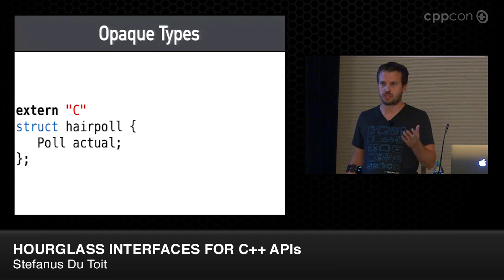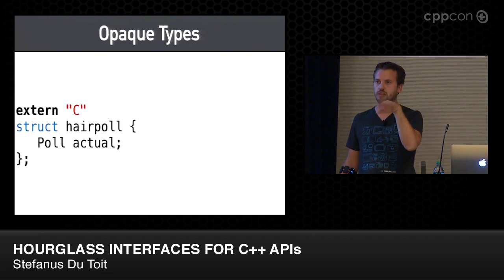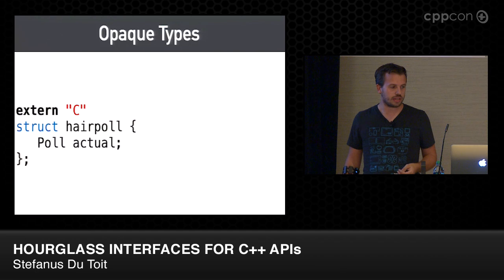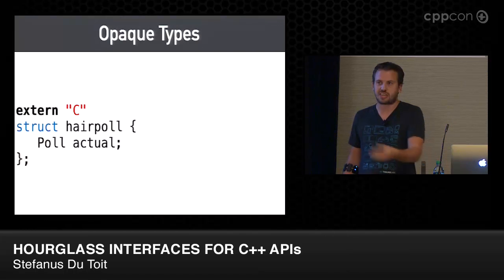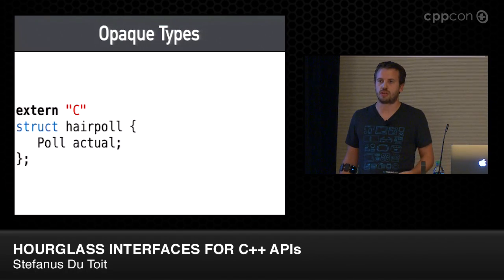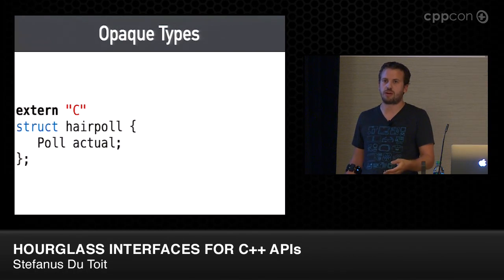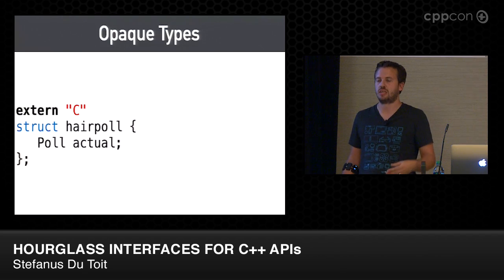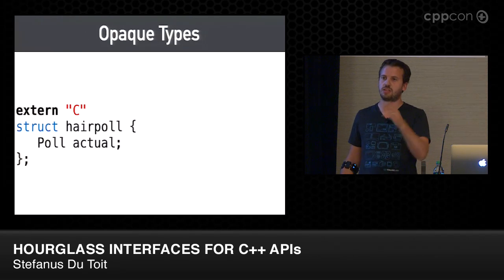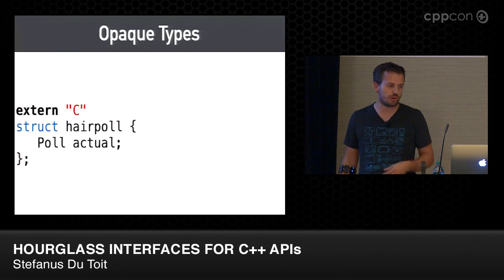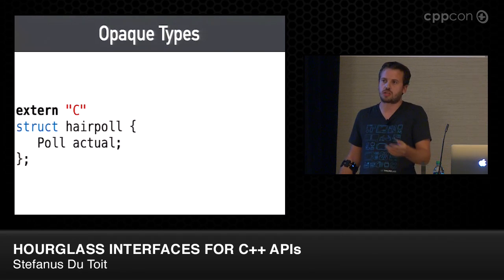We make sure it's in extern C so it doesn't get name mangled. Then we just stick into it whatever we actually want. Typically, if you follow this pattern, that's going to be some other class that has some private stuff and so forth. If it's structish, or you don't mind sticking the definition right in there, that's fine.